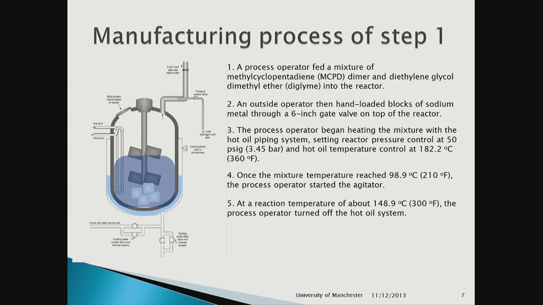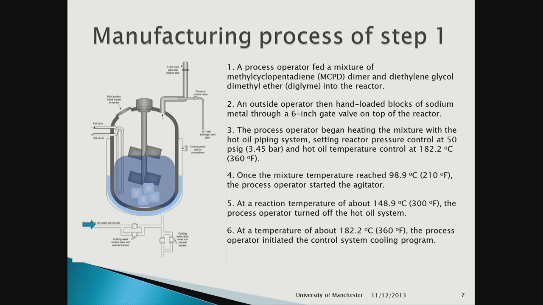It's given it enough to get the exothermic reaction going, so it's now heating itself, and the jacket's controlling the temperature. At a temperature of 182.2, the process operator initiated the cooling control system, and then he said goodbye.